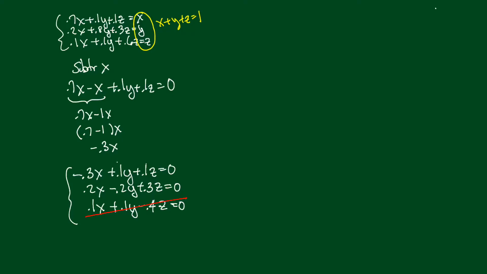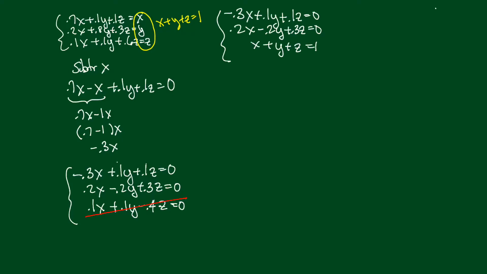So here's our new system now. Our new system's right up here, so I kept the first two equations, but I replaced that last dependent equation with this one, x plus y plus z equals 1. Now all I have to do is solve this system, so I just have to remember what we did near the beginning of the semester. I'm going to use a matrix to solve this.